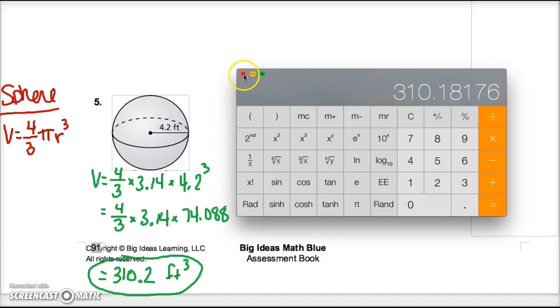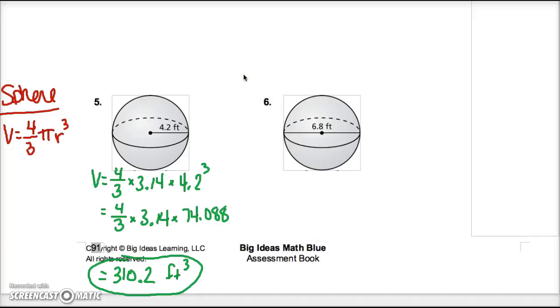Okay, and then our last one, number 6. Volume of a sphere, you take 4/3 times pi, which is 3.14, times the radius. Now, the diameter all the way across is 6.8. If I cut that in half, you get 3.4. So I'm going to cube that.